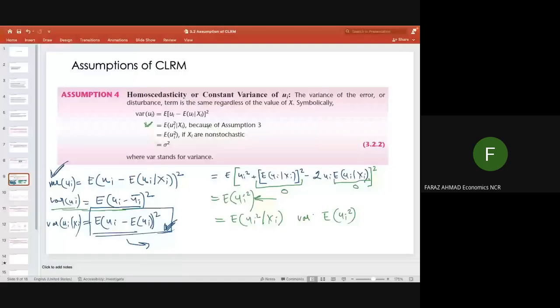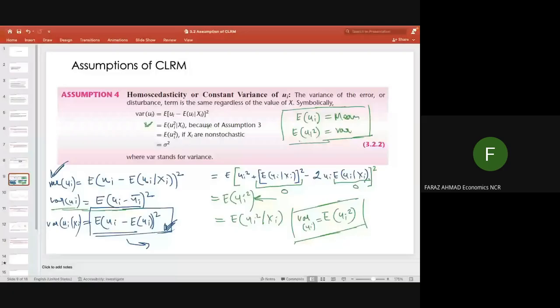So keep it in mind, I will be using this in future also, that this stands for variance. So whenever I want to write variance, I'll write expectation of something squared, right? You can see the conceptual similarity.